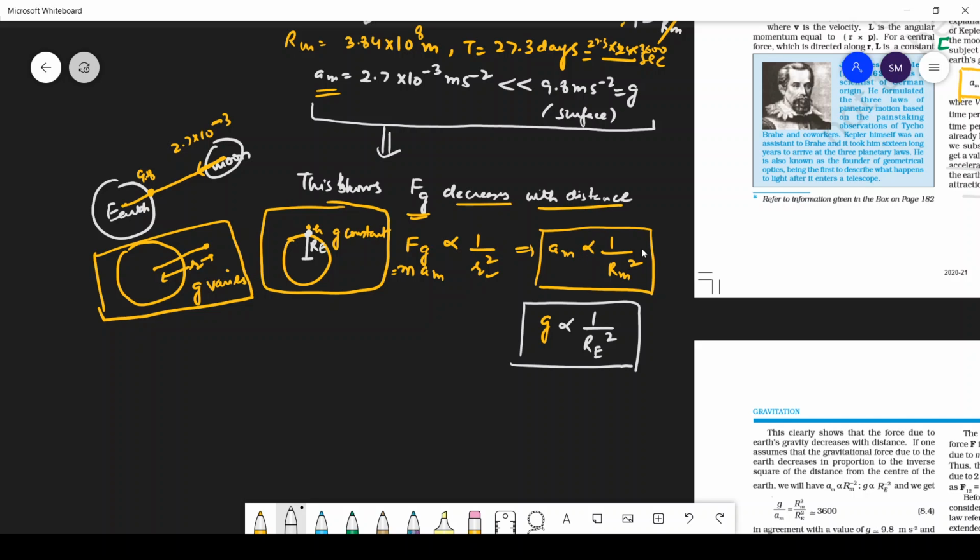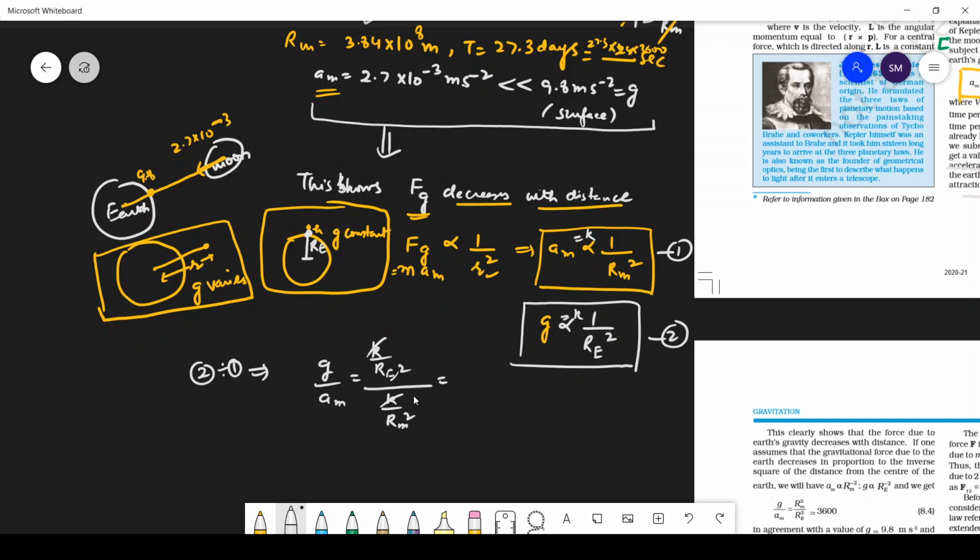We will be writing am is equal to k upon Rm squared, and here g is equal to k upon Re squared, and this k will cancel out. What will be the value of g upon am upon dividing these two equations? Suppose this is equation 1, this is equation 2. Equation 2 divided by equation 1 gives g upon am equals k upon Re squared divided by k upon Rm squared.